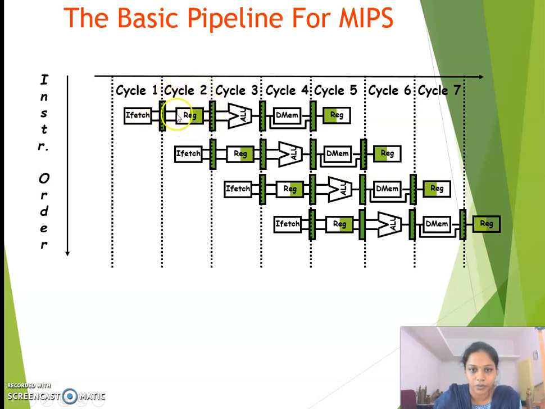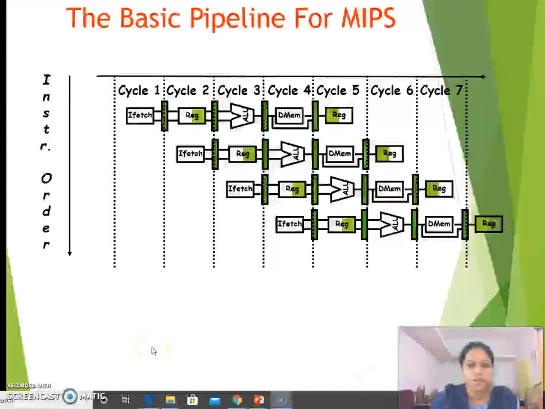So at this time, the hardware of this fetch part, the functional unit of this fetch part, is idle. So we need not leave this idle. We can utilize this for fetching the next instruction. So the next instruction fetch is happening in parallel while the first instruction is getting decoded. So this is how it goes on. We'll see in detail what is happening.